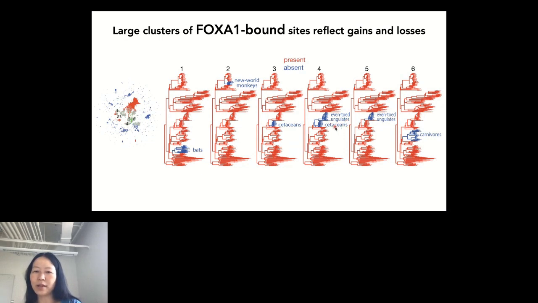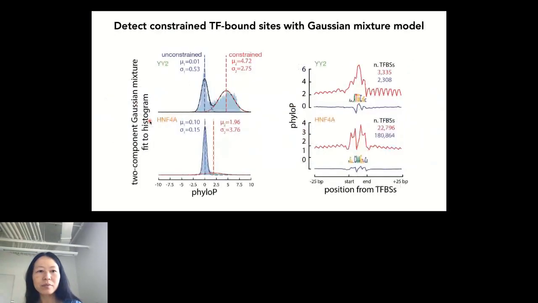Apparently, these whales and dolphins are highly related to ungulates, and they didn't like the land, so they crawled back to the ocean. And 5, 6, you can see, and all these regions correspond to gains and losses of transcription factor binding sites throughout mammalian evolution.